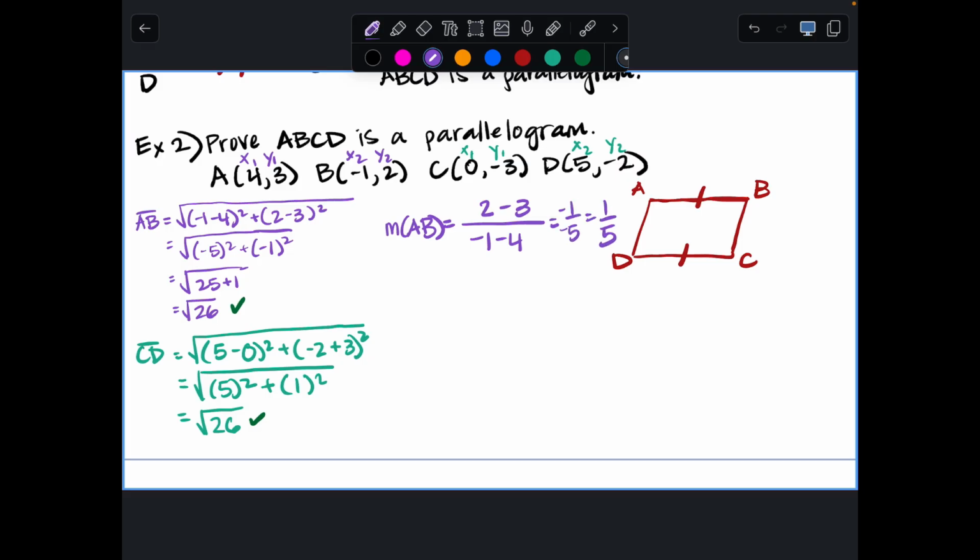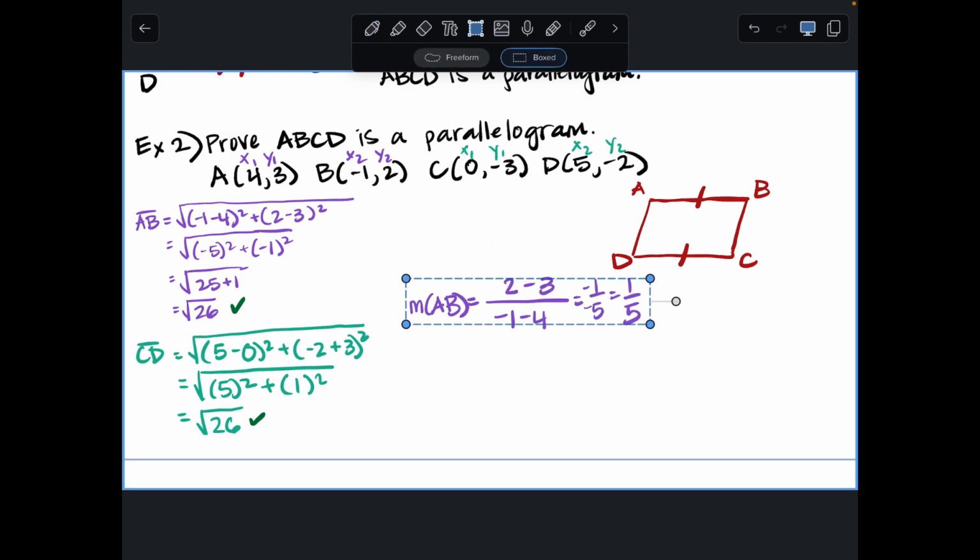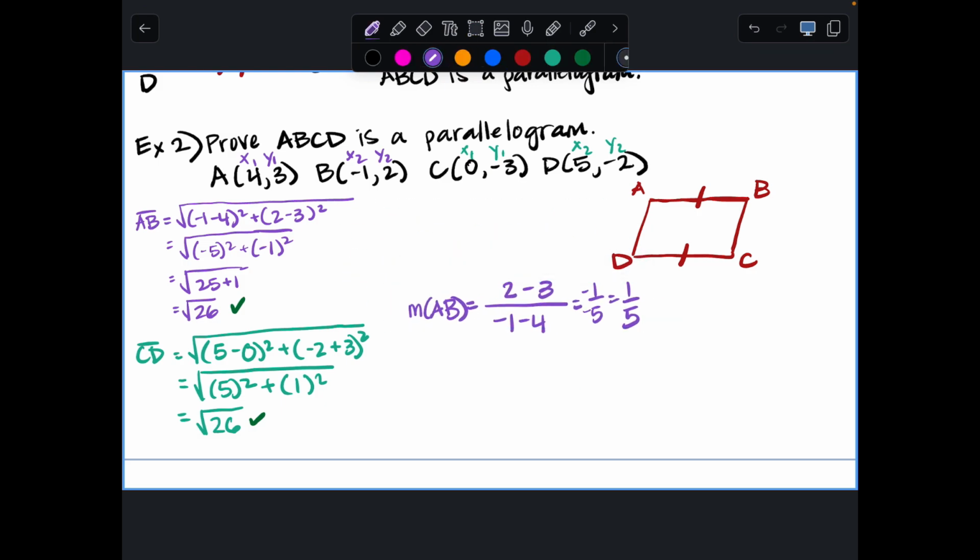So the slope is 1 over 5. So the slope of CD, -2 plus 3 over 5 minus 0, 1 over 5. So I have proven that the slopes are the same. So I'm going to put my little marks here that they are parallel. Same pair of opposite sides are parallel.